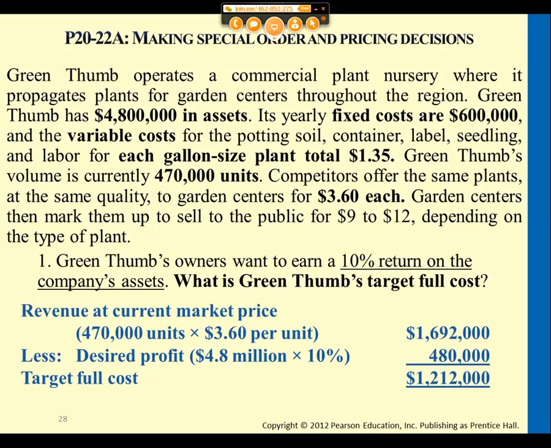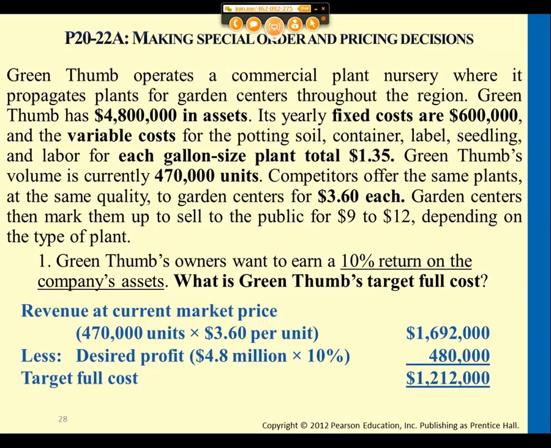Is this a cost setter, price setter, or price taker? Taker. So we'll use revenue at current market price, subtract the profit, and that's how we figure out the cost that we need to be at.